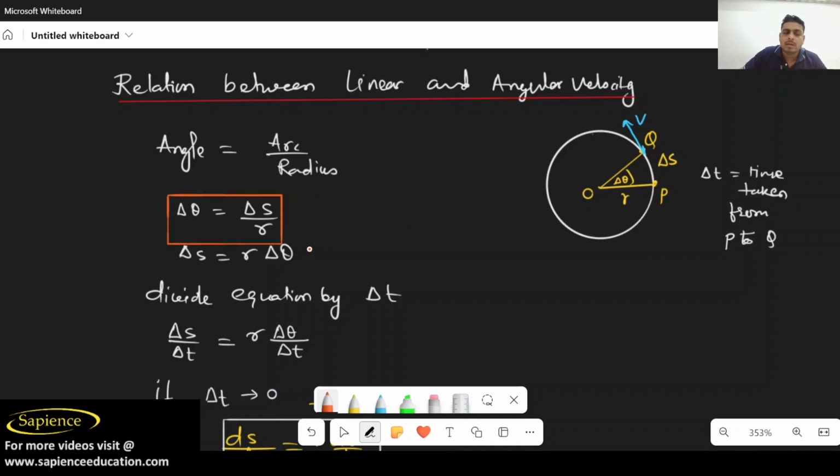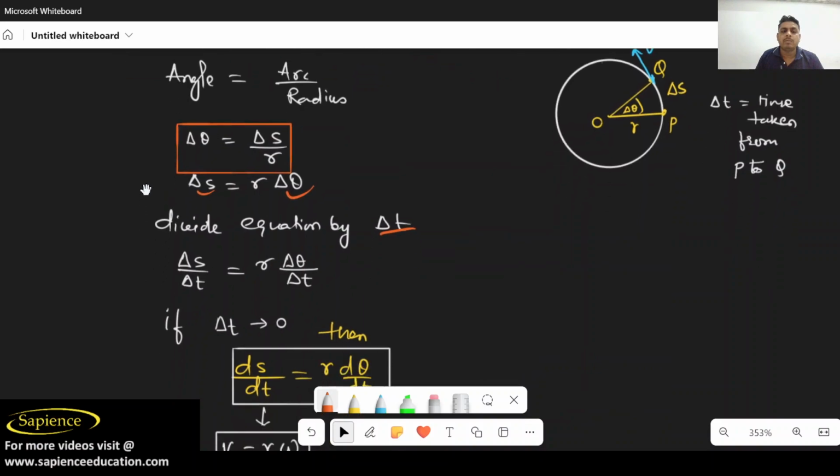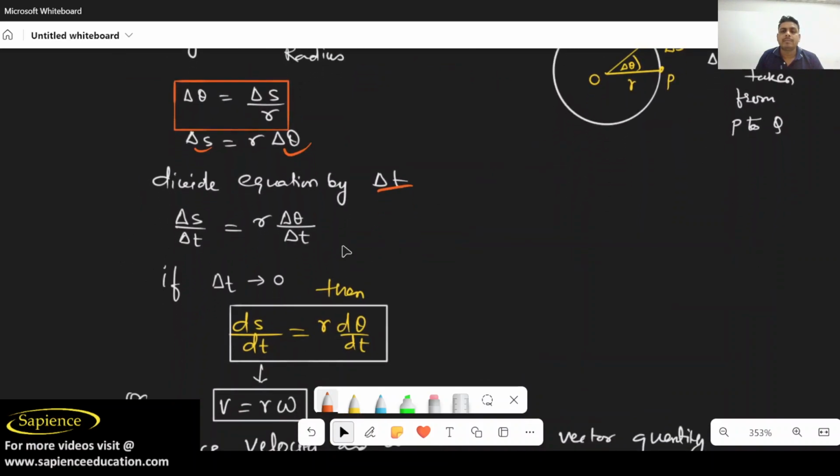This is very simple, just now I have taught you. Now del s can be written as r into del theta. Now divide the equation by delta t. What will we get? Del s by del t is equal to r into del theta by del t.